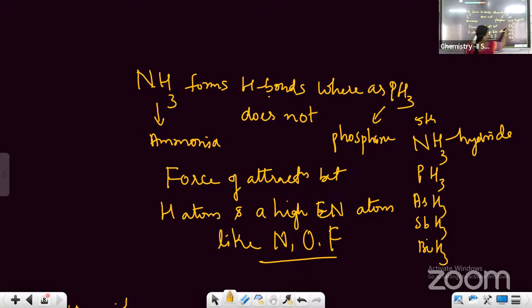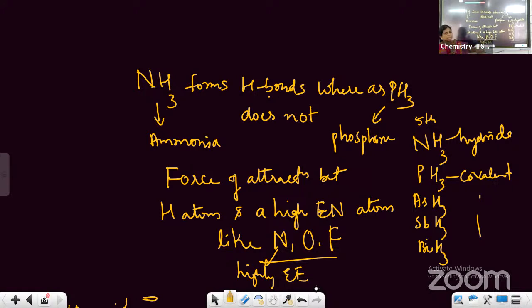So here with hydrogen, what bonds are there? Here there are covalent bonds, but in ammonia there is hydrogen bonding. Why? Because nitrogen is highly electronegative. You need not write the full answer. Since nitrogen is highly electronegative, it forms hydrogen bonds, whereas phosphorus is not highly electronegative, therefore it does not form hydrogen bonds. You just have to write this simple answer, boys. Ammonia forms H bonds due to its high electronegativity.